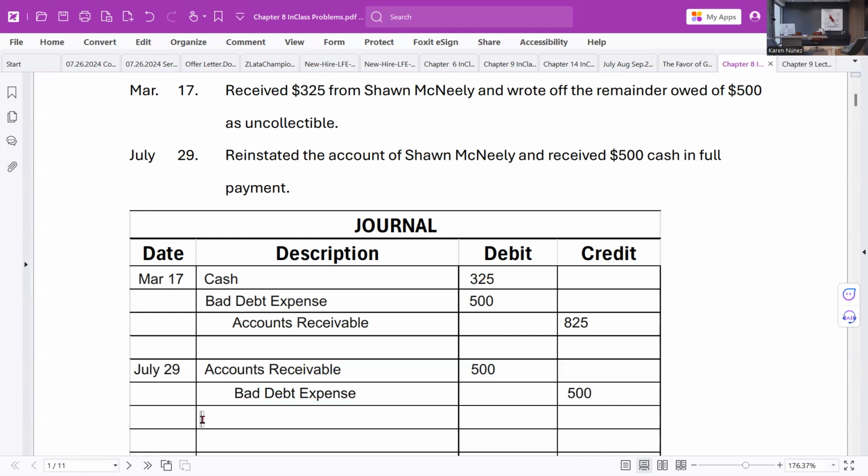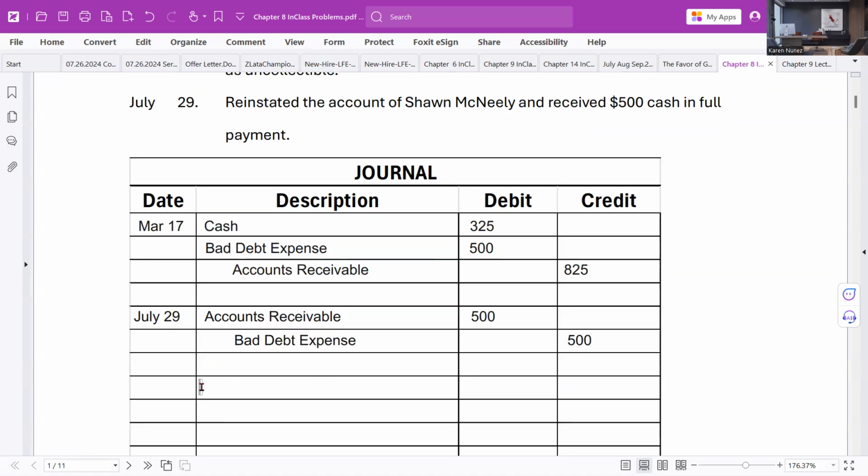And now we've got the cash. On the same date, we debit the cash account for the 500 and credit accounts receivable for the collection.